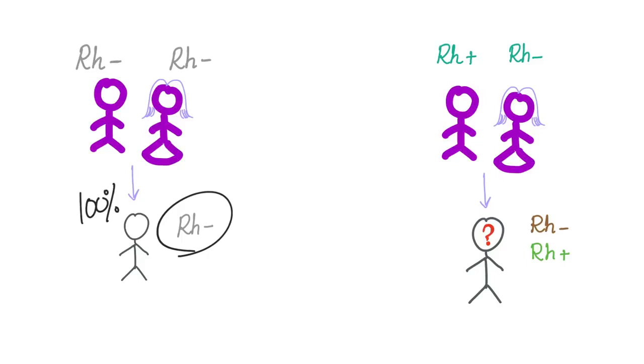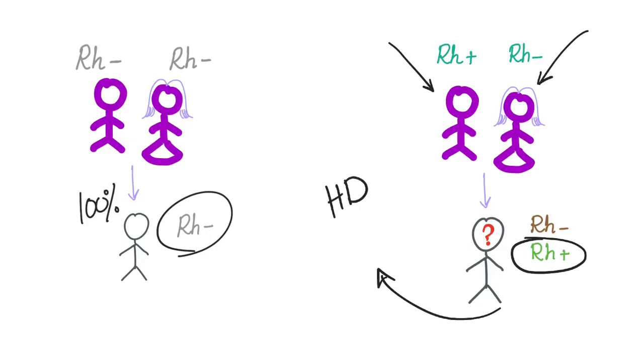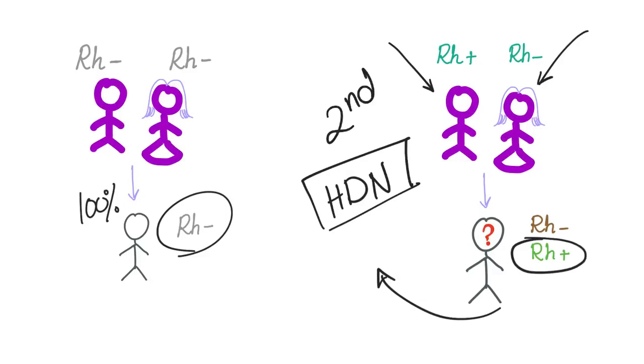It depends. Okay? But if your mother is Rh negative and your father is Rh positive and you came to be Rh positive, we have a problem on our hands called hemolytic disease of the newborn. It doesn't happen with the first baby, it happens with the second pregnancy.